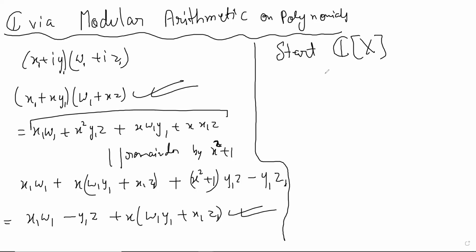Right. So we start with this, and we do arithmetic on remainders modulo x square plus 1. What do I mean?